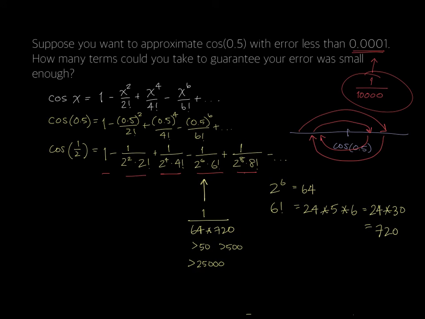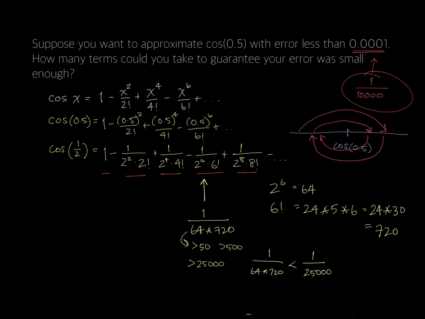So I know that 1 over 64 times 720 is going to be less than 1 over 25,000. Here we were just talking about the denominator: 64 times 720 is greater than 25,000, which means that if you have something greater than 25,000 in the denominator, it's going to be less than 1 over 25,000.